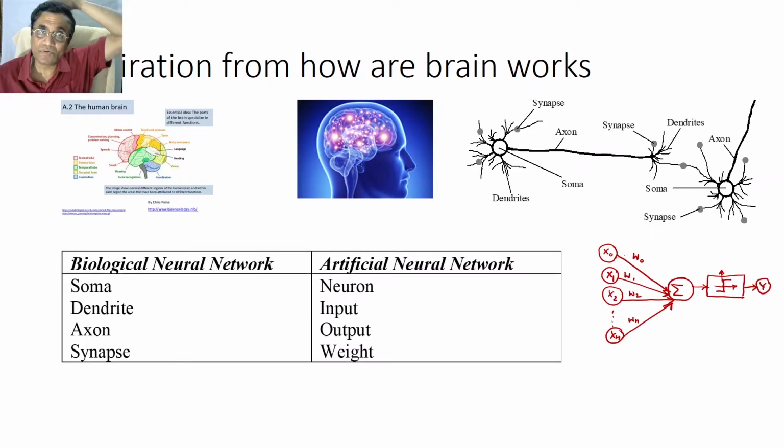As you know, all our learning, information processing, and decision making takes place mostly in our central nervous system, that is the brain. Okay, and it learns. This is an example of a brain. This is the cerebellum, this is the cerebral cortex, and you can see different parts of the brain are responsible for learning different things.